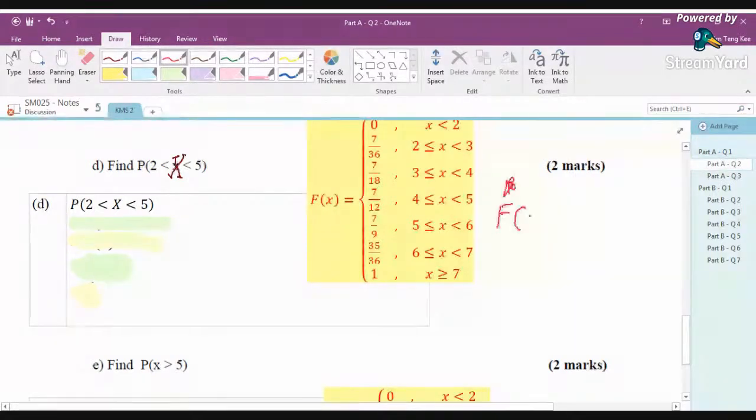Let's say I have F(M). This refers to the probability such that X less than or equal to M. I must always consider this for my calculations.